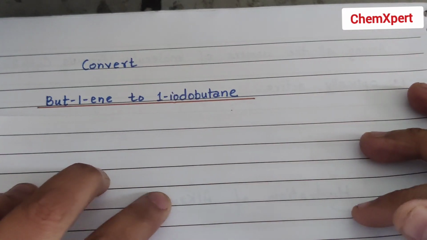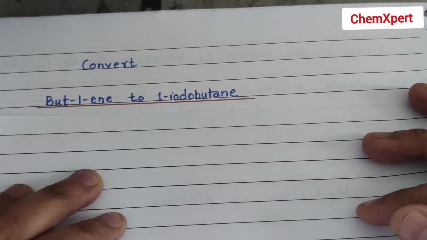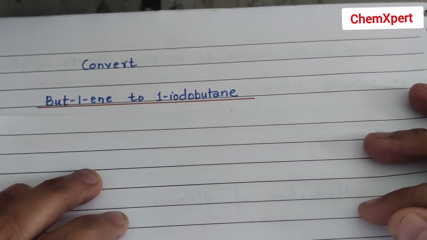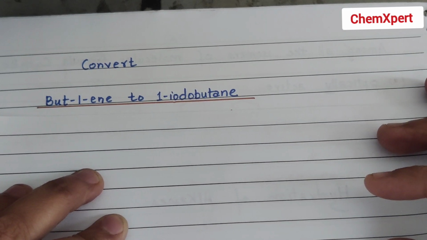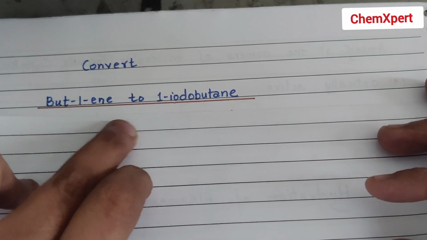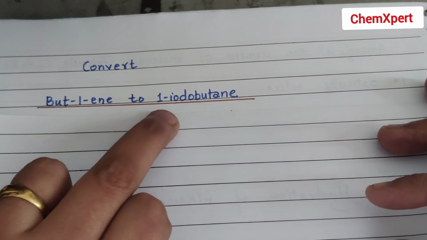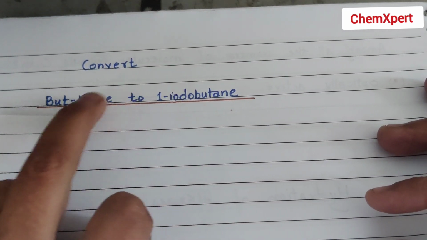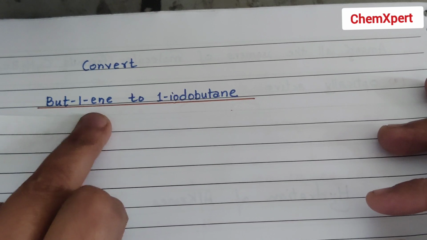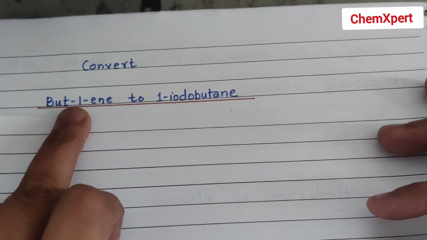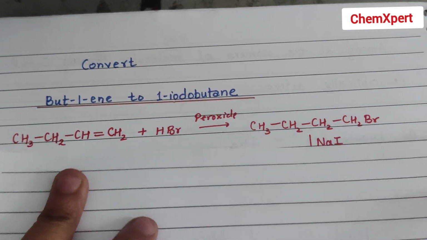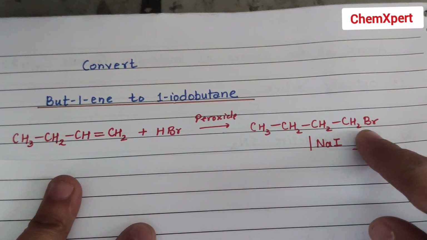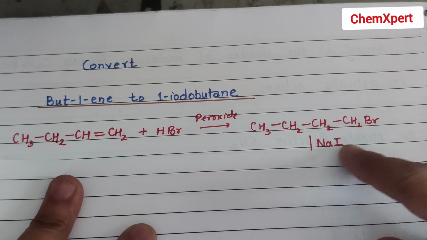Now the next conversion is from but-1-ene to 1-iodobutane. In the previous video I have already discussed that in many conversions a name reaction is used. From but-1-ene we have to form 1-iodobutane, and if we add HBr in the presence of peroxide, it will give 1-bromobutane, and then we perform a Finkelstein reaction.